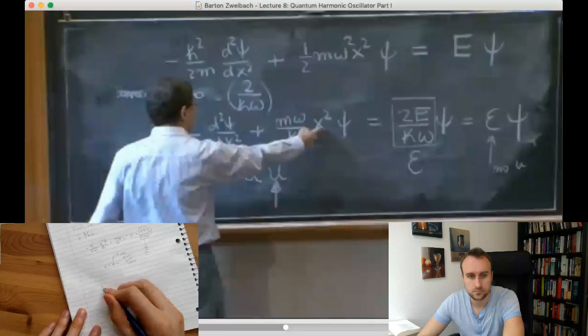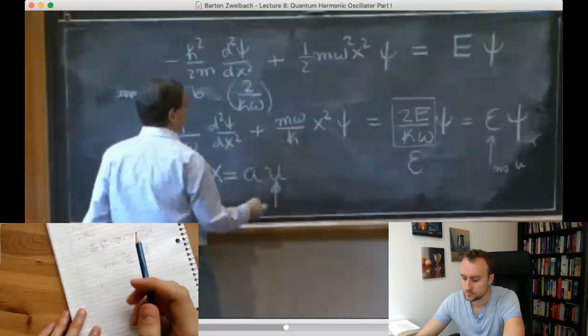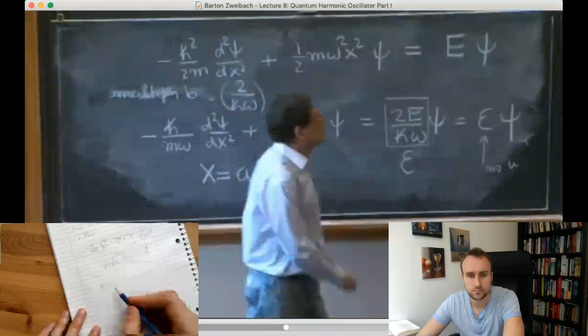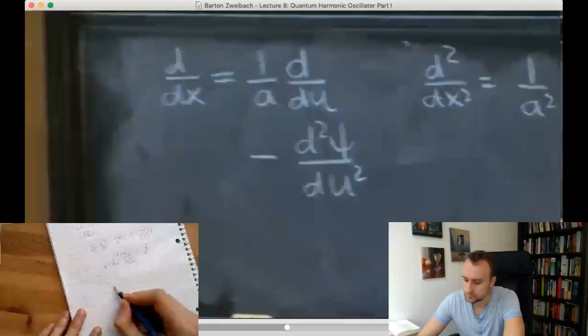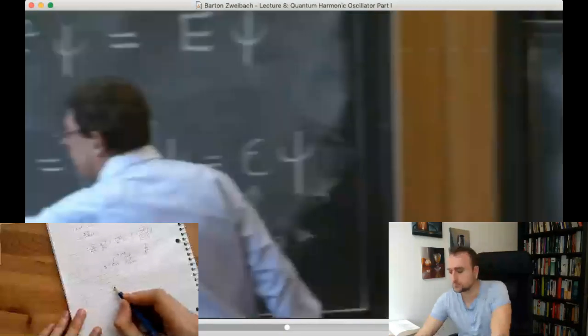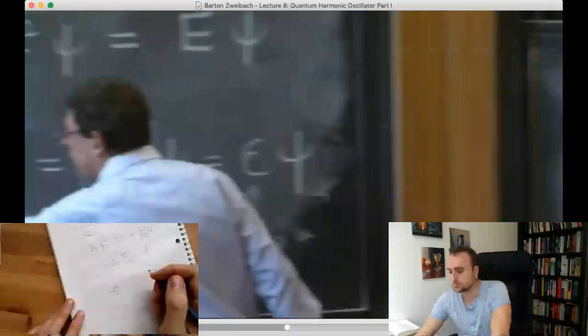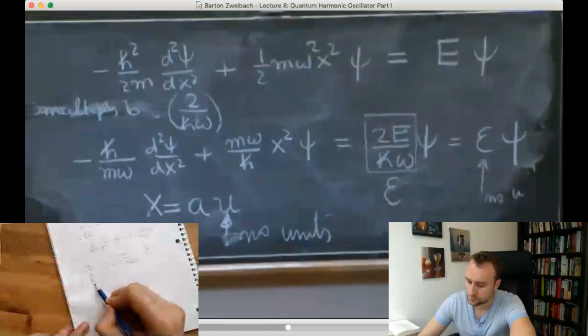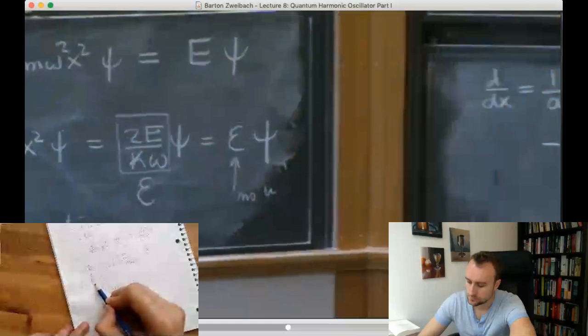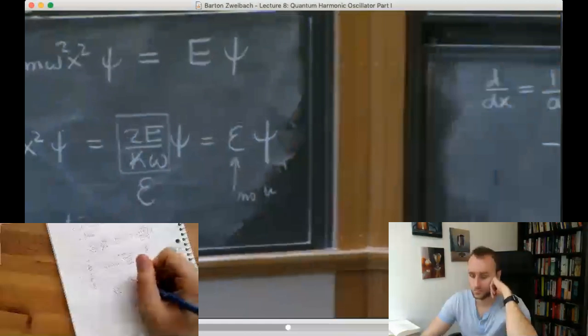When I write x equals a u, you get an a squared times this, and a squared times this is 1. So your differential equation has become minus the second derivative of psi with respect to u, plus u squared psi, is equal to calligraphic E psi. No units here. Much nicer.